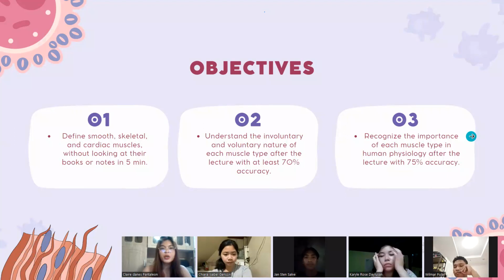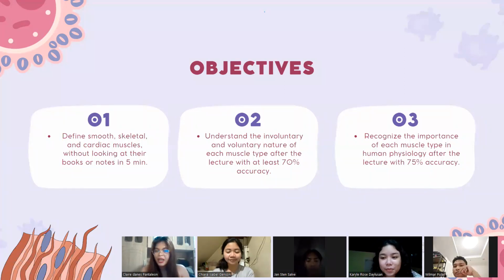And number two, understand the involuntary and voluntary nature of each muscle type after this lecture with at least 70% accuracy, okay? Number three, you guys will be able to recognize the importance of each muscle type in human physiology after the lecture, okay? Now let's move on.